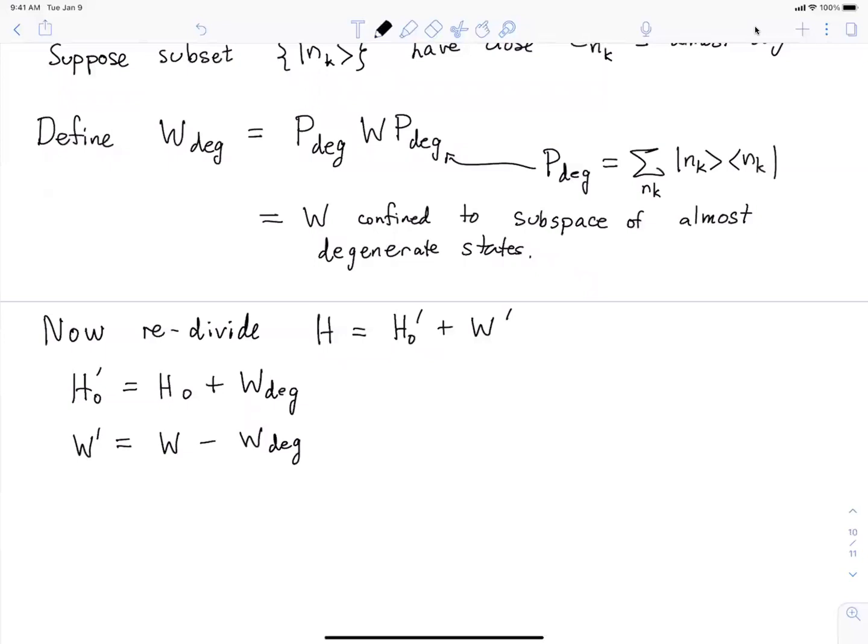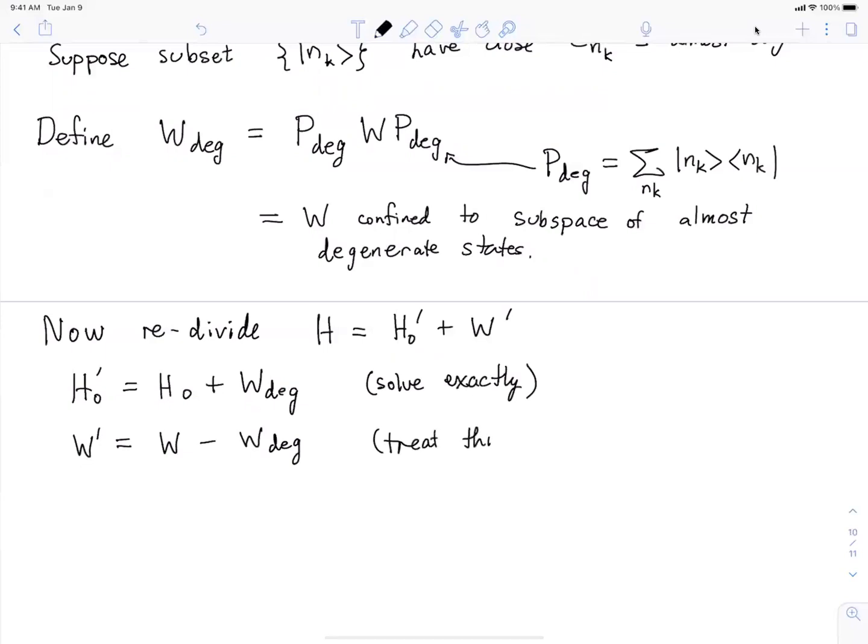But now H0 prime is going to be our new thing that we have to solve exactly, and we have to assume that we can solve it exactly. And W prime is our new perturbation.